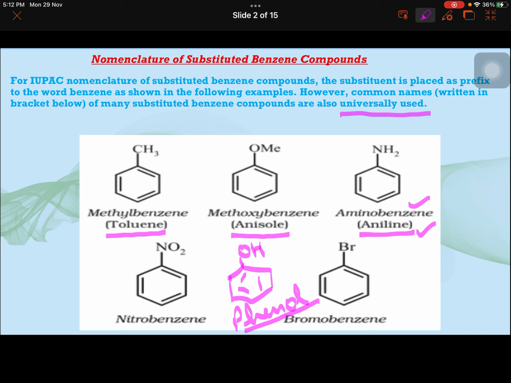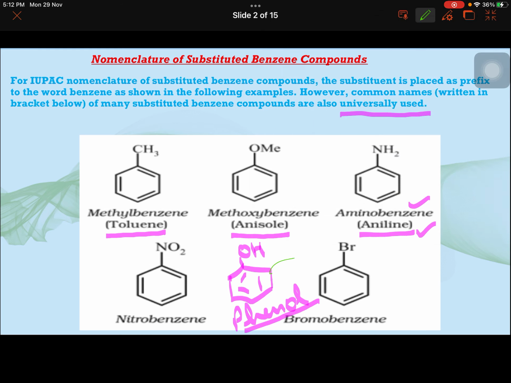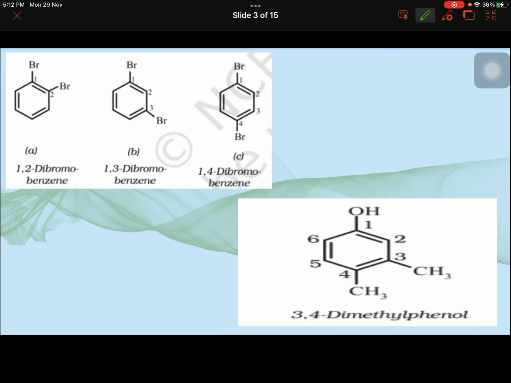Another interesting name used for phenol is carbolic acid. Phenol is also called carbolic acid. Don't get confused between this and carbonic acid, that is H2CO3. I'm talking about phenol. Phenol has this name, carbolic acid. Okay. Then you may have two substituents also.